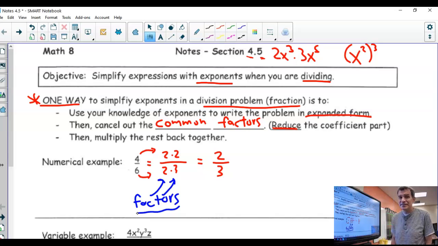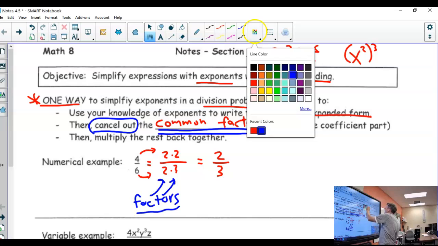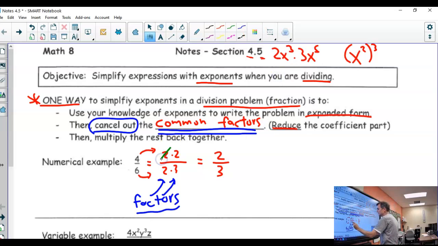And when you have a division problem or a fraction, you are allowed to cancel out common factors on the top and bottom. And you can see in this problem, there is a common factor of 2. I can cancel out the 2, and that leaves me with 2/3, which is the answer, right? All we did is cancel out the common factor.